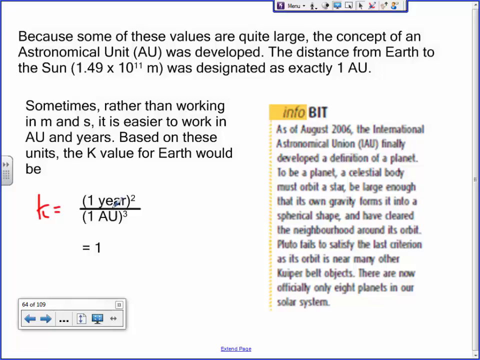And if you want to know the distance from the Earth to the sun, rather than knowing the actual value in meters or kilometers or miles, we'll just say, well, the Earth is 1 astronomical unit away from the sun. So it means the Earth has a k value of 1. Does that make sense? But the units for it are 1 year squared over astronomical units cubed. So we can use this then to help figure out data for other planets.